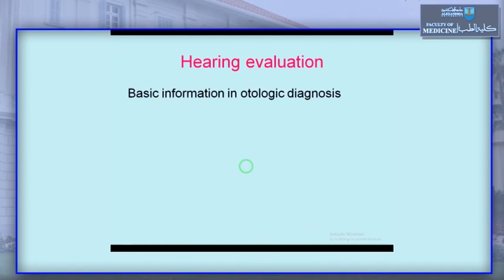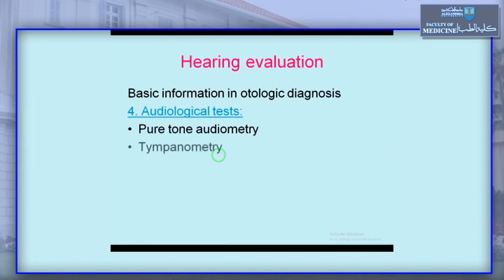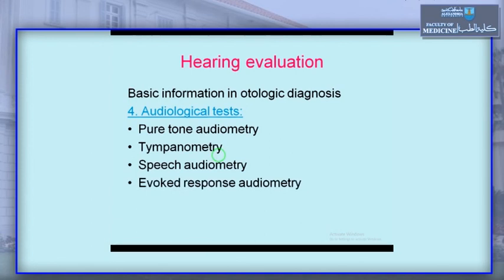Now, in many conditions, the diagnosis is not settled in the ENT clinic and the patient needs some further investigations, in which case the patient should be referred to the audiovestibular unit. What we do for the patient in the audiovestibular clinic is the following tests: pure tone audiometry, tympanometry, speech audiometry, and evoked response audiometry.